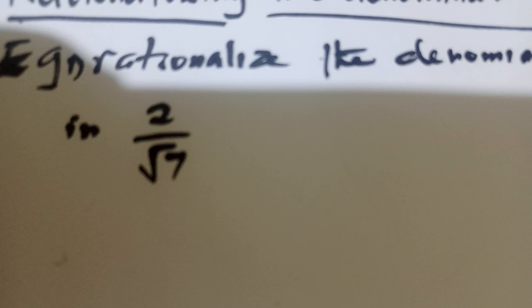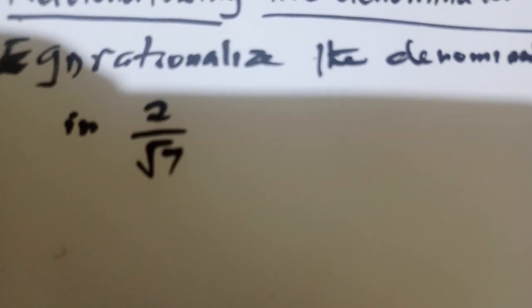Okay, in this fraction, you see in the denominator we have a surd. Now we are asked to rationalize the denominator. In other words, to write the denominator such that there is no surd in it.